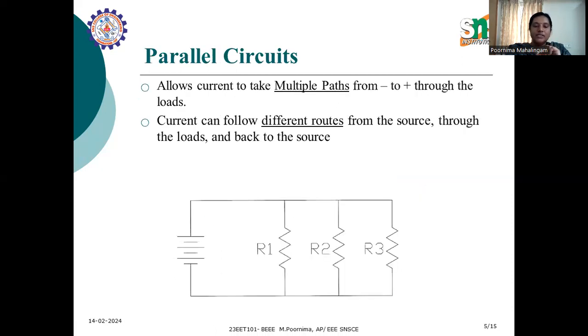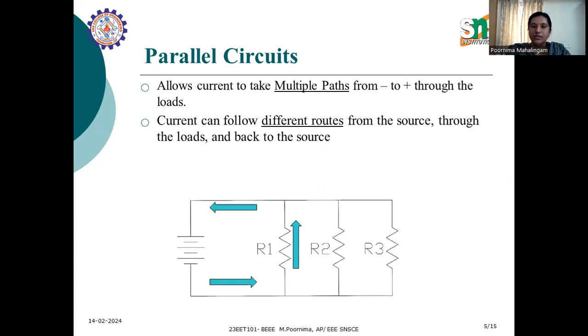Now coming to the parallel circuit, it allows multiple paths from negative to positive through the load. So current can flow by different routes from the source to the load. Here the current starts from the negative and first flows through resistor 1 and closes the circuit.